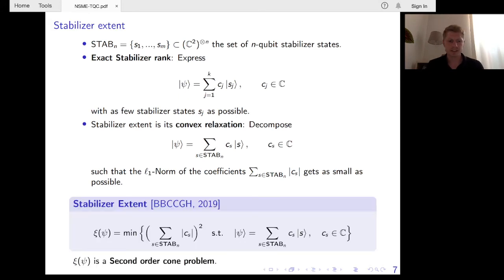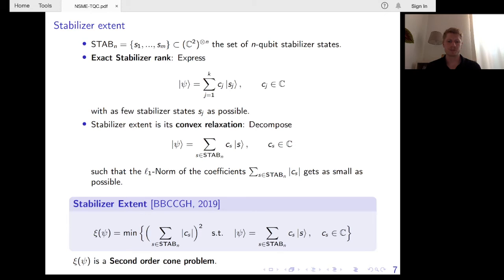So how is it defined? The stabilizer extent of an input state psi is simply defined as the minimum of the sum of the absolute values of the expansion coefficients squared. So the minimum of the L1 norm of the expansion coefficients, such that psi is expressed as a linear combination of stabilizer states. Well, this problem is a conic optimization problem.